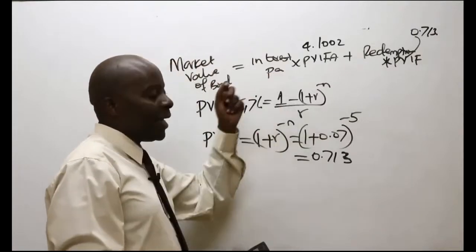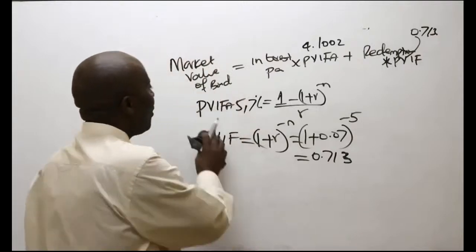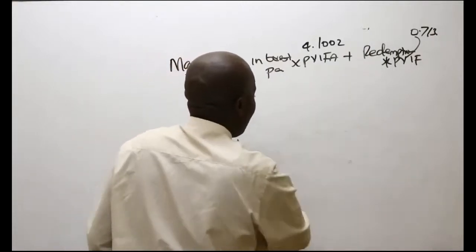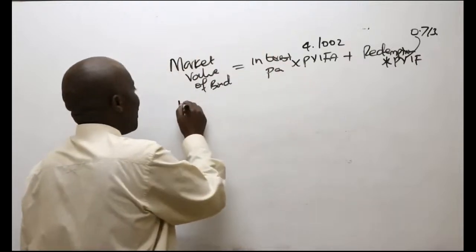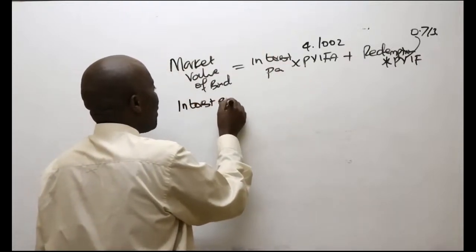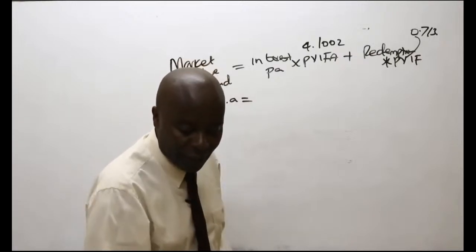Slowly, I need the interest amount per year, interest per annum. They have given us the coupon rate.